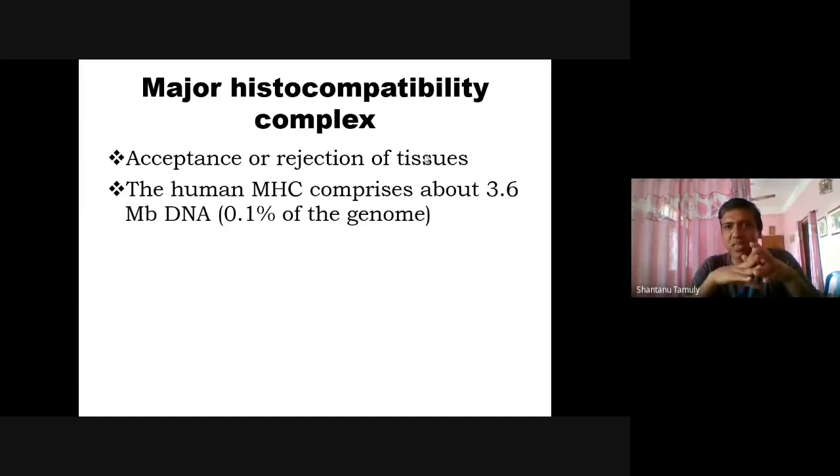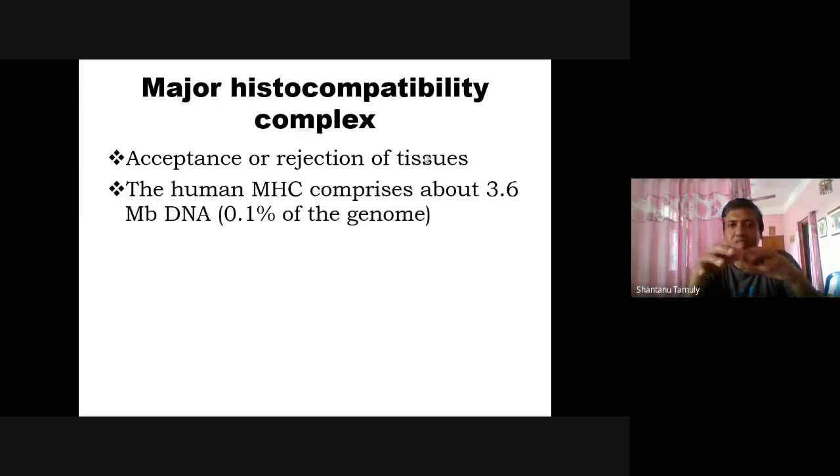So actually, MHC is not a single protein; it is a complex of many proteins. That's why many genes are there that are responsible for production of the MHC, and that is responsible for acceptance or rejection of the tissue. That's why the name: histo stands for cell or tissue, and compatibility.